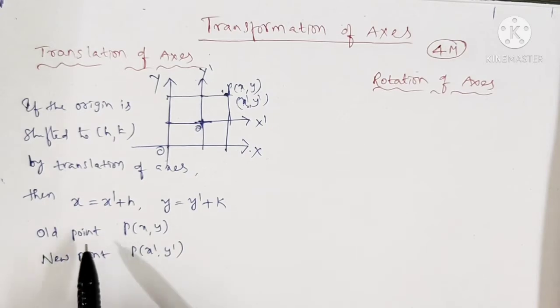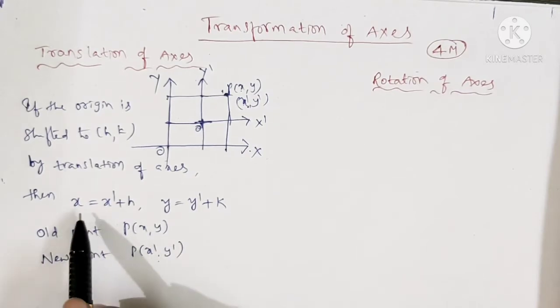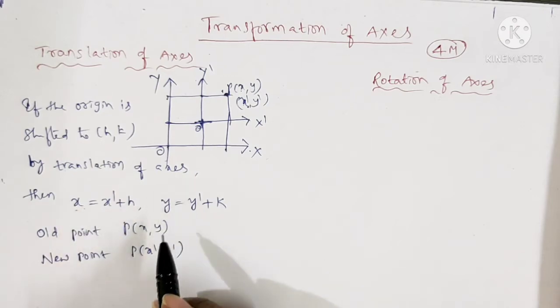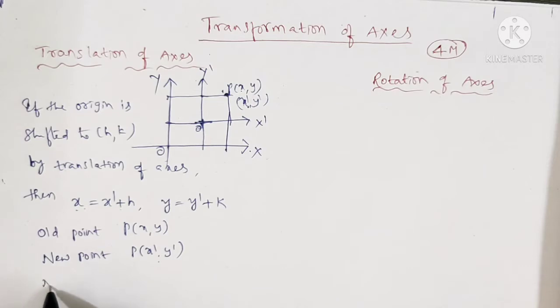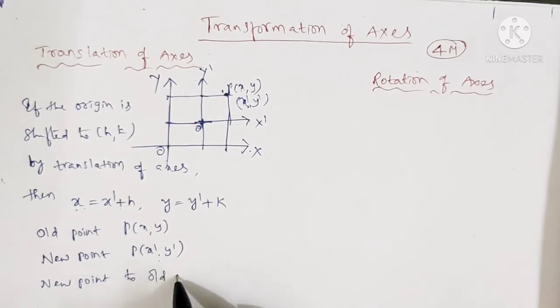So when you know the new point, if you want to find the old point, we use x is equal to x dash plus h, y is equal to y dash plus k.